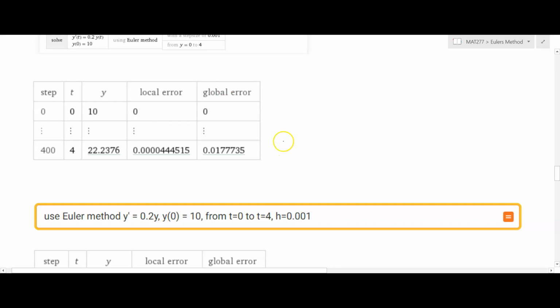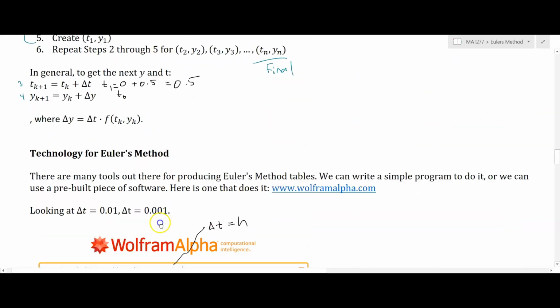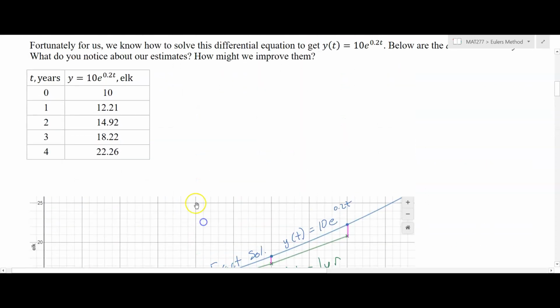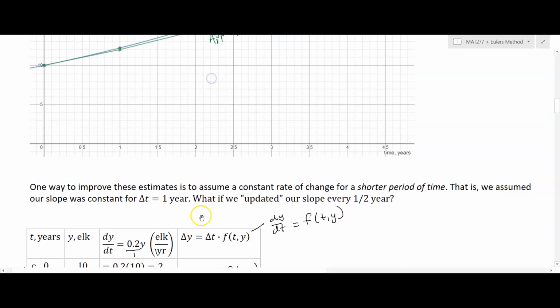So here our estimate is y of 4 is equal to 22.2376. And you can see that estimate for that time step, our exact value was 22.26.